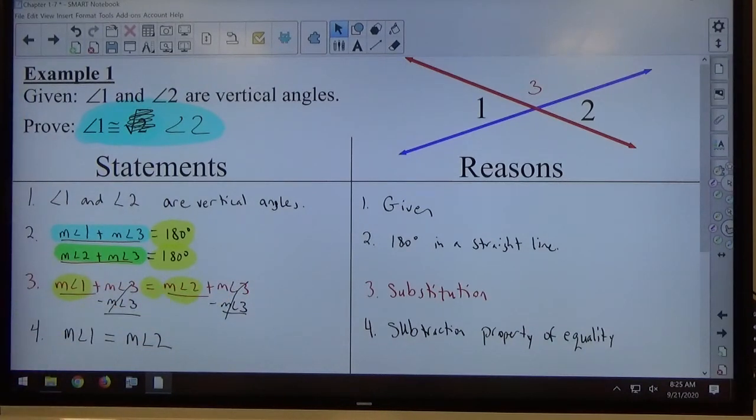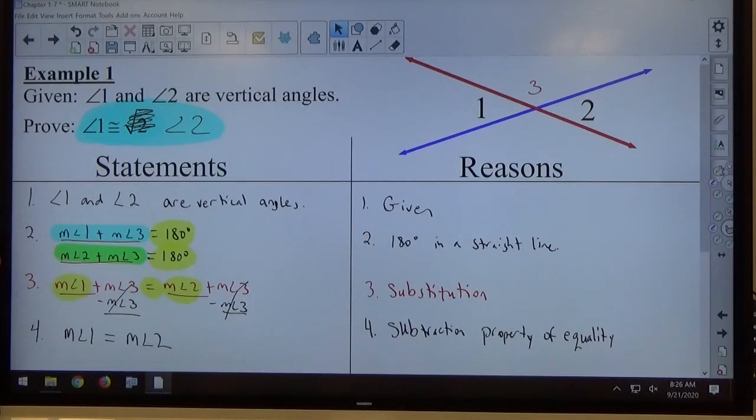Finally, if you want to prove congruence, first prove equality. Here's what the definition of congruence says. If, pick your geometric shape. It's the definition of congruence of angles, definition of congruence of segments, whatever. If two angles have the same measure, then they are congruent. If two segments have the same measure, then they are congruent.